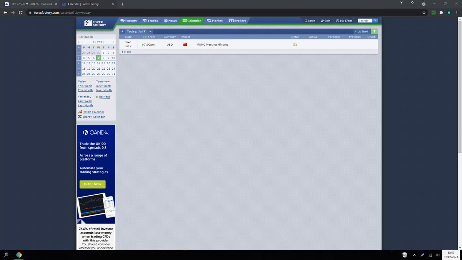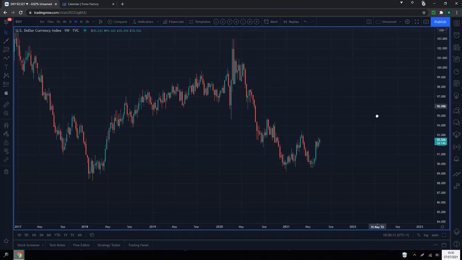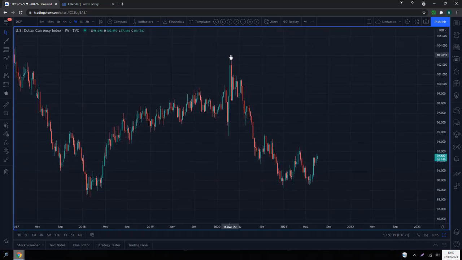So I just want to spend today's update breaking down the dollar index and what potentially could happen. Okay, so this is the weekly chart of the dollar index. You can see that since March 2020, it's been bearish. Okay, sellers have been in charge of the market.